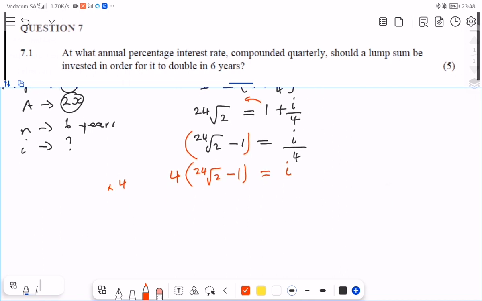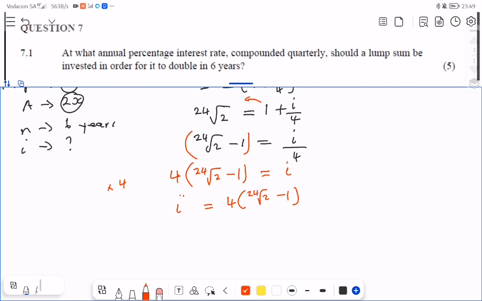Let's take it further. It's a matter of punching everything into the calculator to get the interest. Let me put my interest on my left hand side. It's going to be 4 multiplied by the 24th root of 2 minus 1.